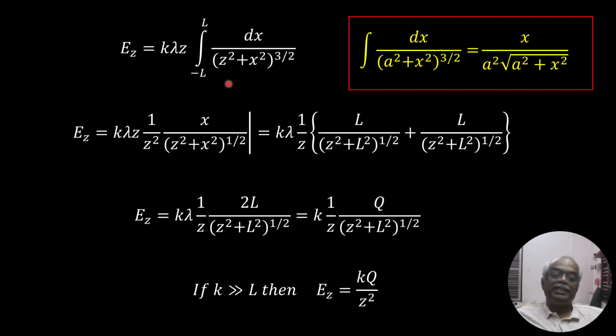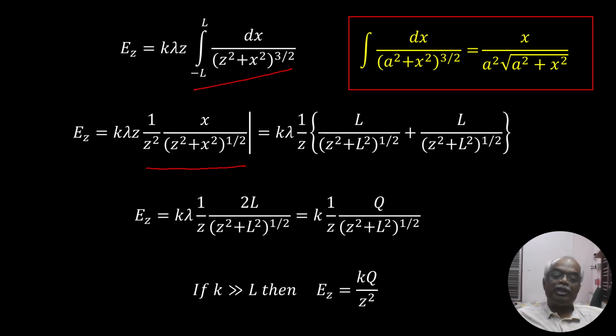You apply here, and you will get k lambda z times the value of this integral. Here x is the integral variable, so as far as this integral is concerned, z is a constant. You consider this as a. So 1 over z squared times x over the square root of z squared plus x squared.